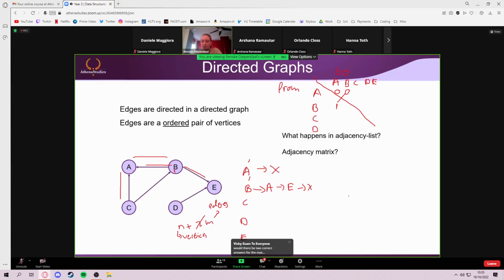Oh, sorry, question in the matrix. Would there be two correct answers for the matrix depending on which side you use for which? I'd say always use from A to A. They also use that one in the slide, so I can be sure that that's correct on the exam. I'm not sure if you change the order around, it's still correct.